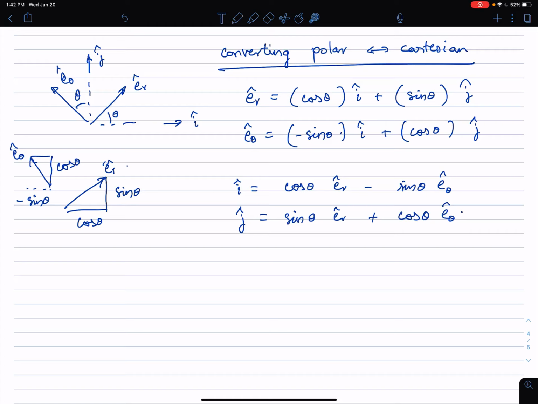If you take these two equations and rearrange them, you can get these two equations. Basically, take these two equations and solve for i in terms of e_r and e_theta, you get this, and solve for j, you get this.